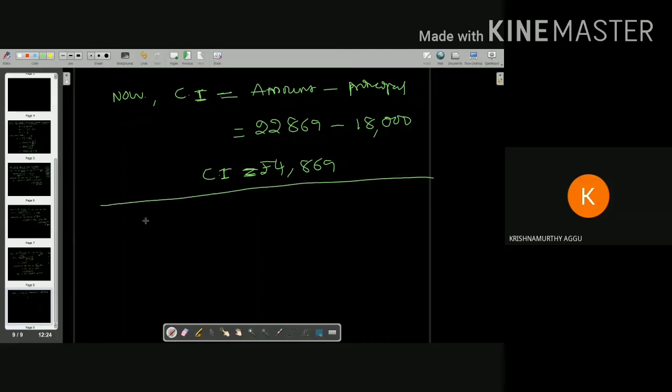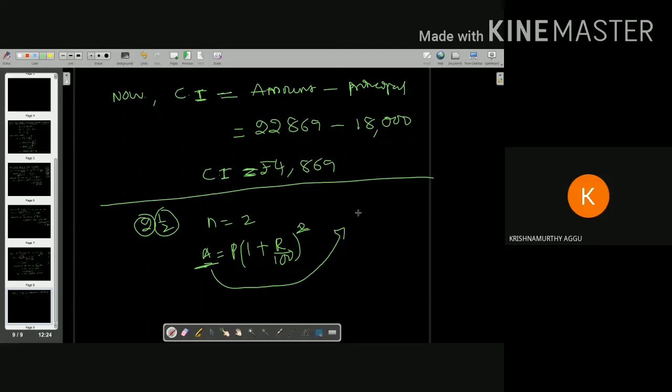By using the direct formula for 2.5 years, N value we selected 2 years and we applied the formula A is equal to P into 1 plus R by 100 all to the power of N. Next, for this half year, whatever the amount you got was taken as principal, and the time we have taken as half year only, so we utilize the simple interest formula. Now this amount plus this simple interest value will be the entire amount you are going to get.